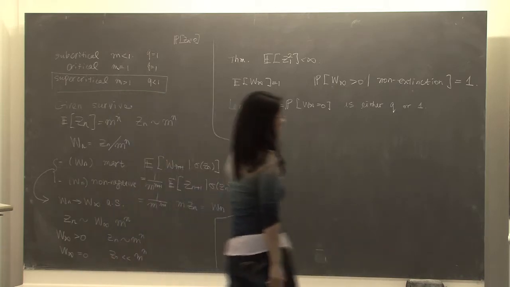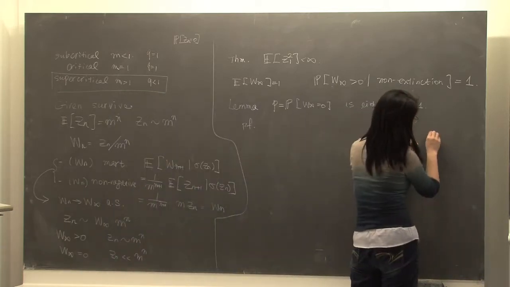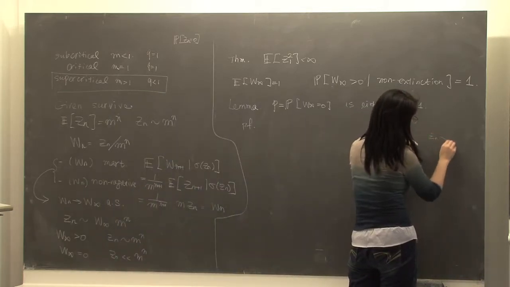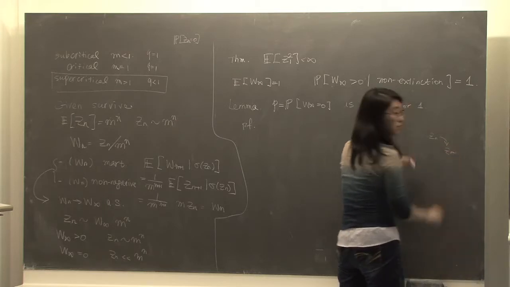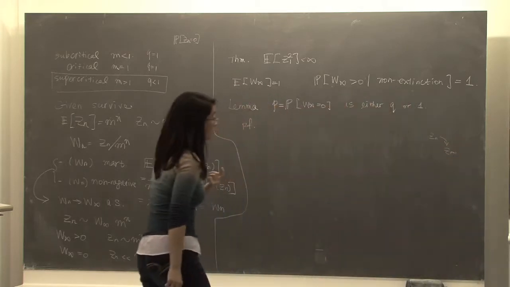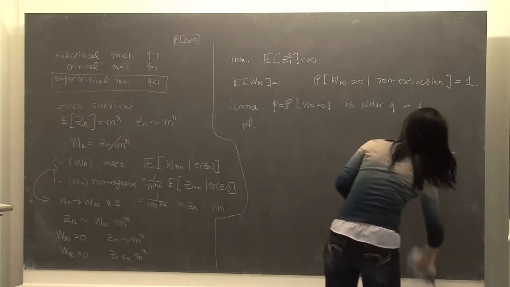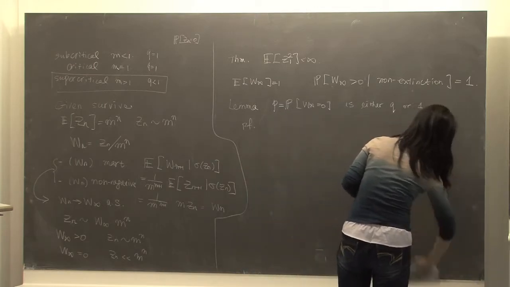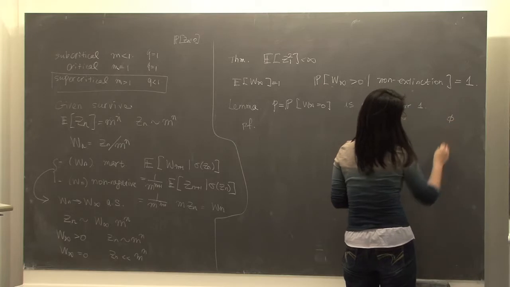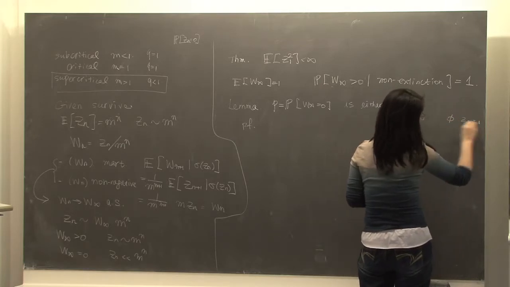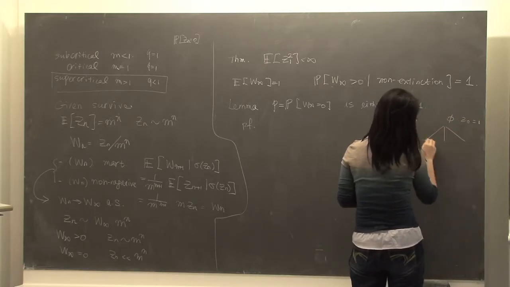To prove this lemma, we will change our point of view on this random tree. Previously, we always conditioned on what happens to Zn and studied what happens to the next generation. Now we change our point of view. Suppose this is the ancestor, and it has Z1 children.